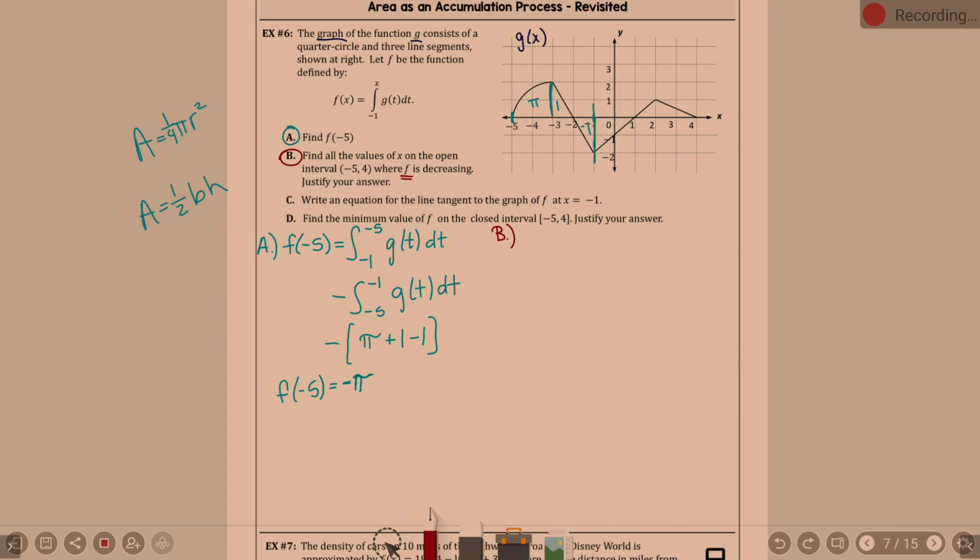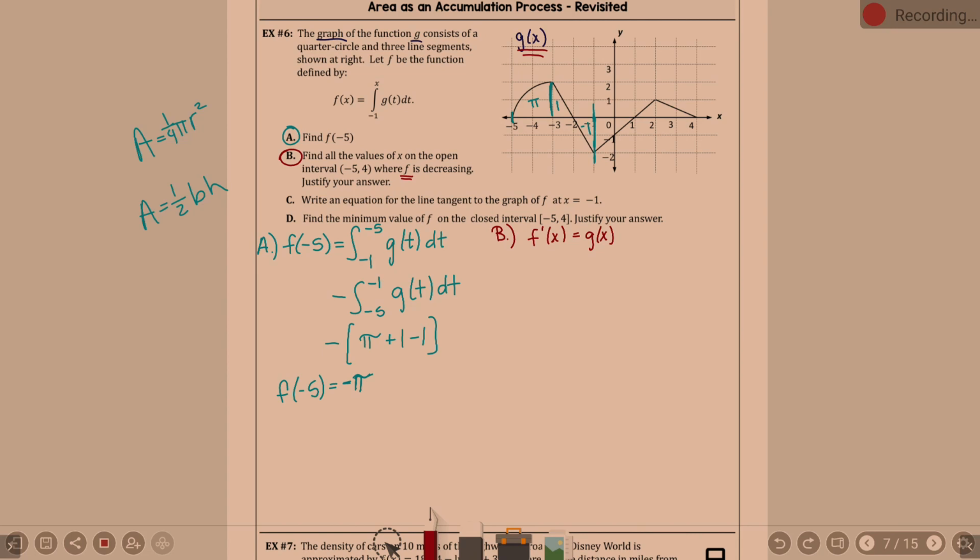So here's the deal. We're being asked to find f. What we know is that the derivative of f is g, and this graph is g. So we want to know where g is negative, and that is on -2 to 1.